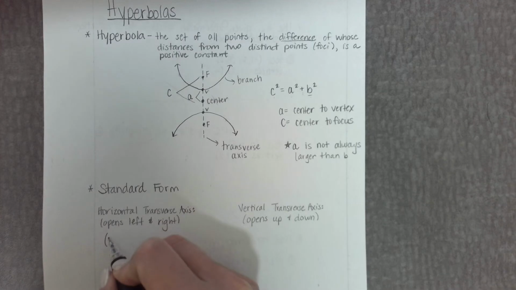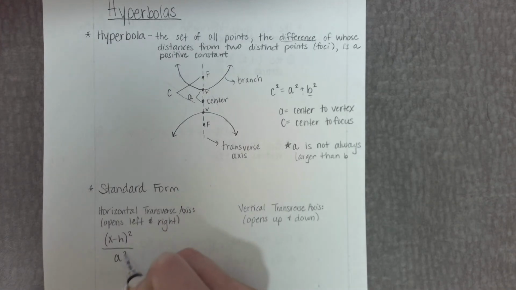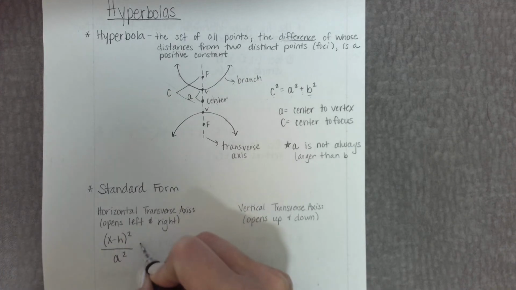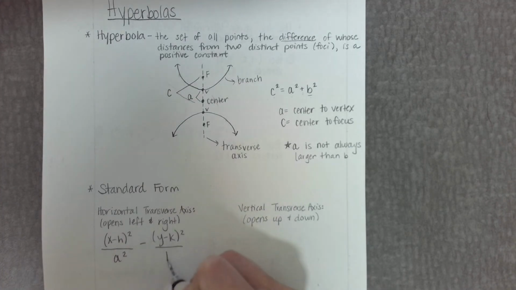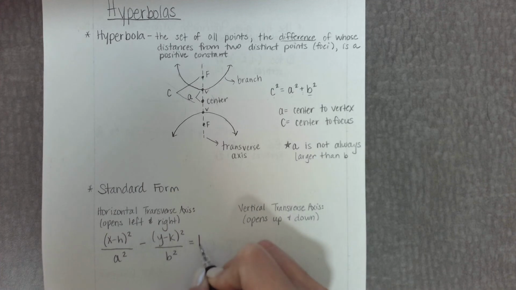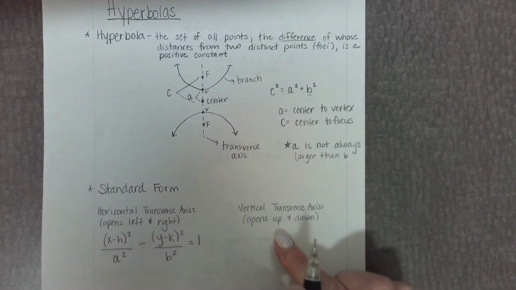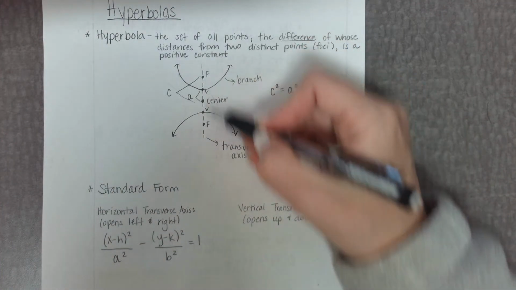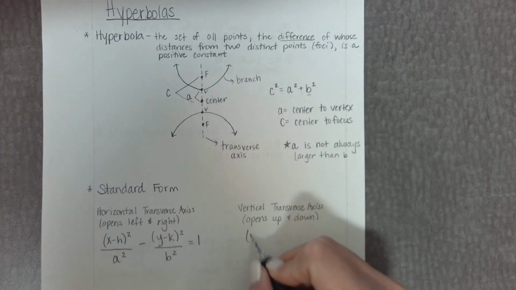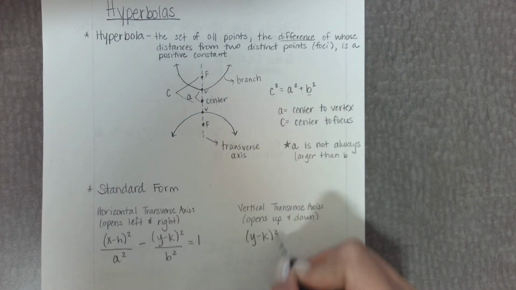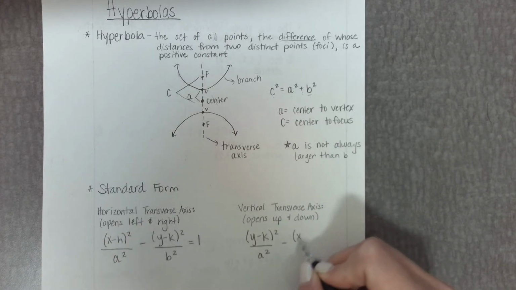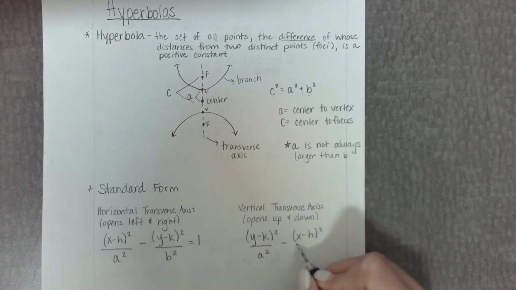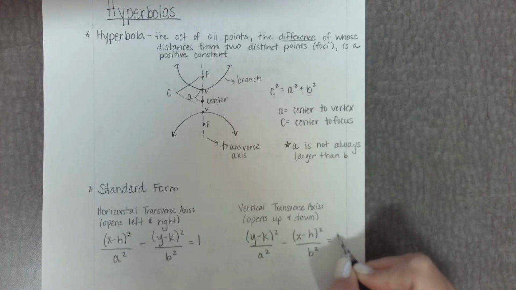Your formula would look like this: x minus h squared over a squared minus y minus k squared over b squared equals 1. Okay, if your transverse axis is vertical, which is like this one, it would be y minus k squared over a squared minus x minus h squared over b squared equals 1.